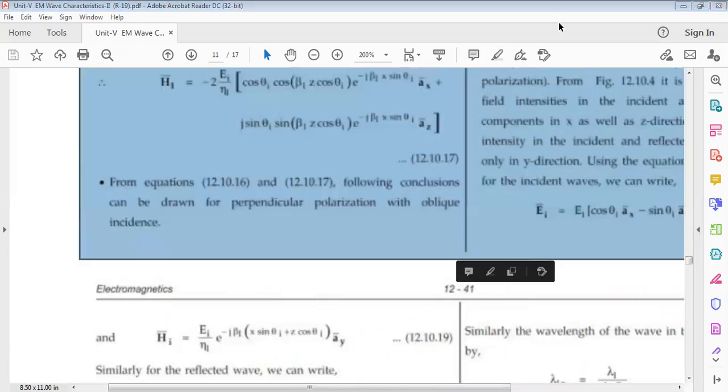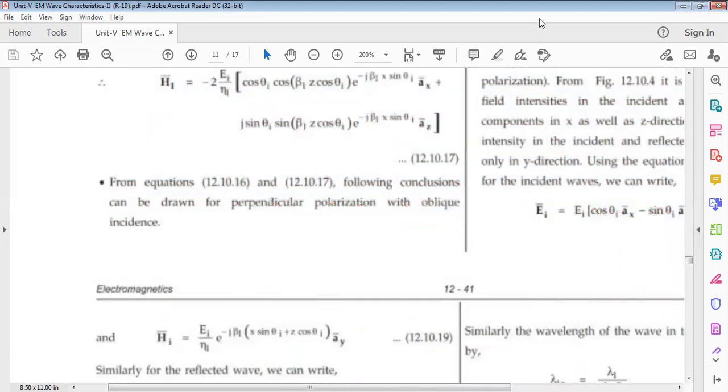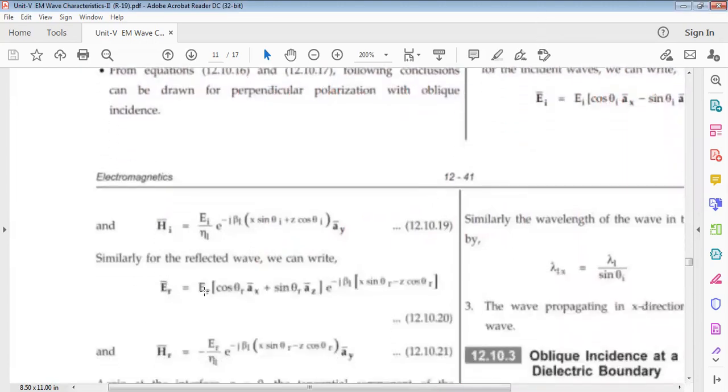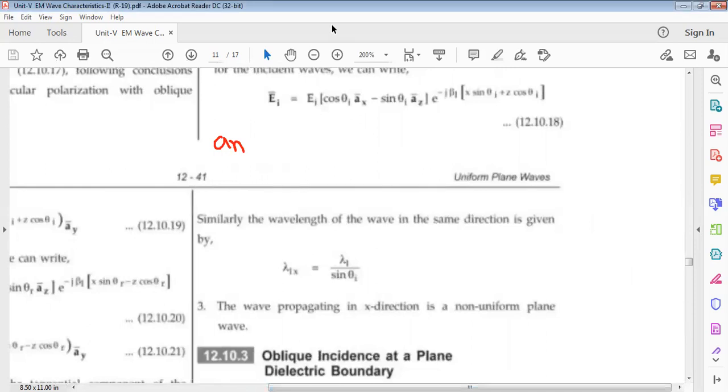Then ER is equal to the cross product here, not the cross multiply: ANI bar cross HI bar, into eta 1.